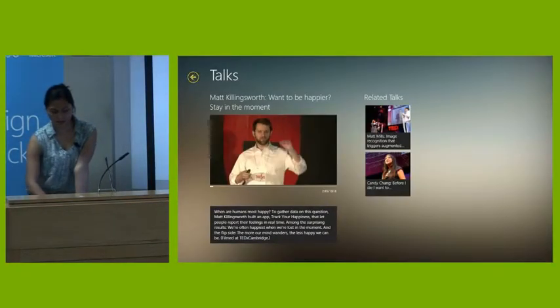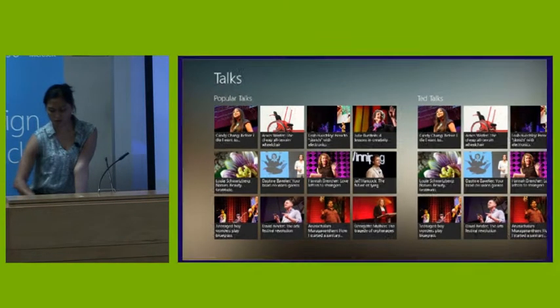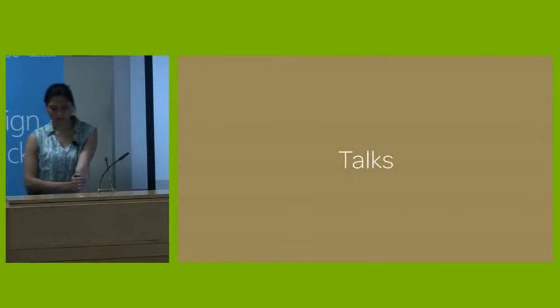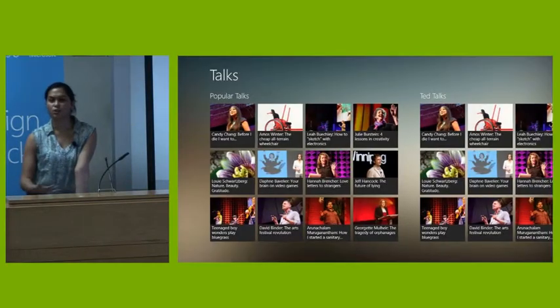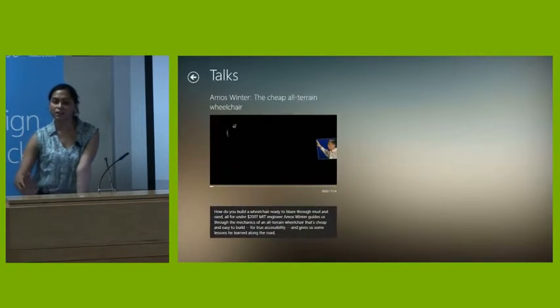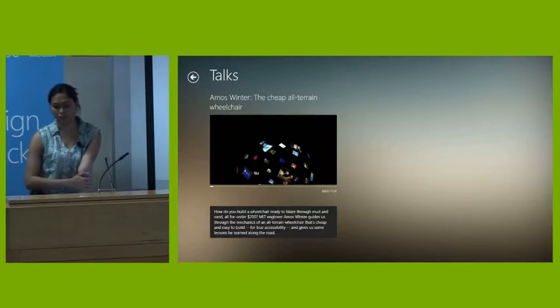Let's see here. Actually, let's launch it from scratch. So you see that it does the typical shift over. If I select something here, you get a little hint that it moved over, and then the video appears.